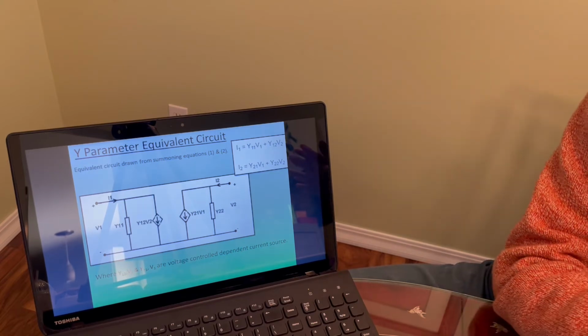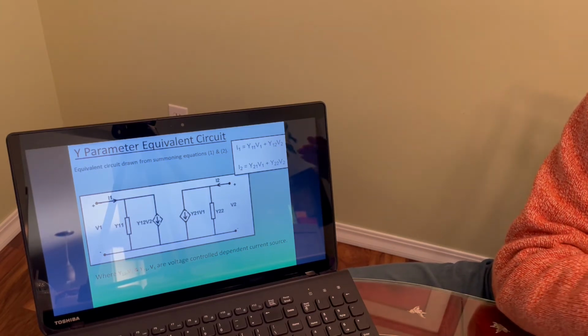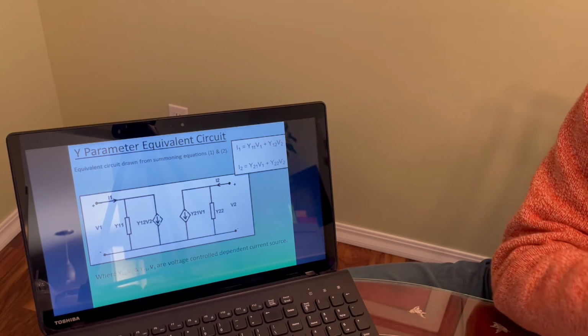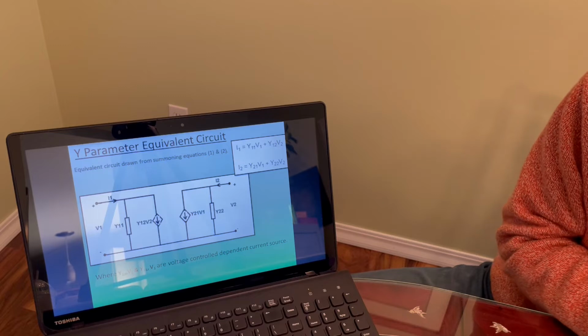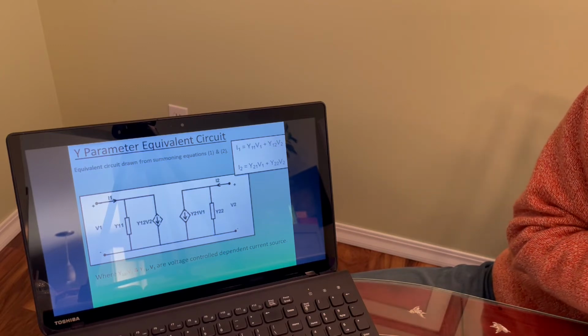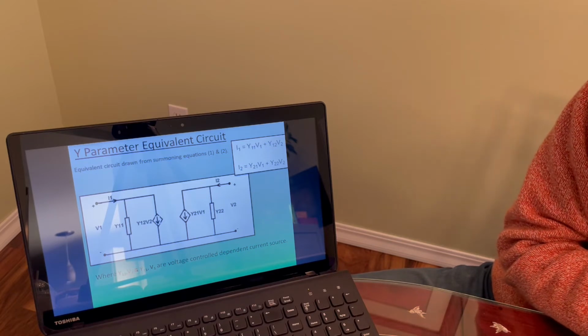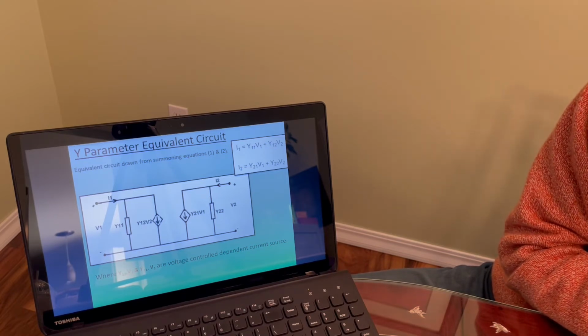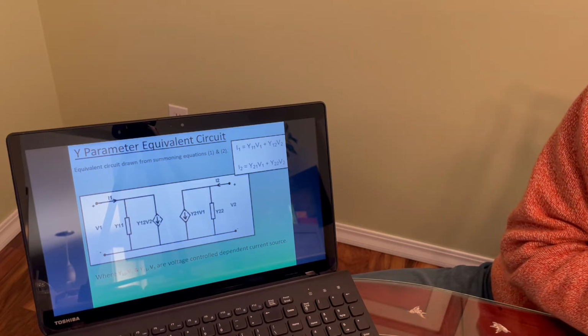Once we've solved for our Y matrix, these parameters can be drawn into an equivalent circuit shown here, and we notice that all elements are in parallel, and that we also have voltage controlled dependent current sources seen as Y12V2 and Y21V1.